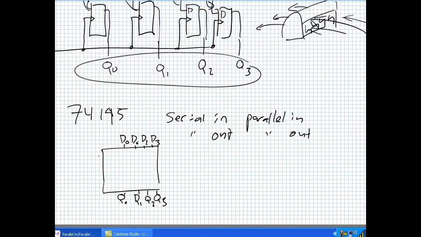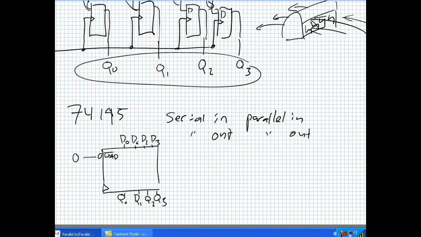And what you do is when you give them a load, you put a 0 right there. These guys go in, they're immediately available as a parallel out. So that's parallel in, parallel out operation.